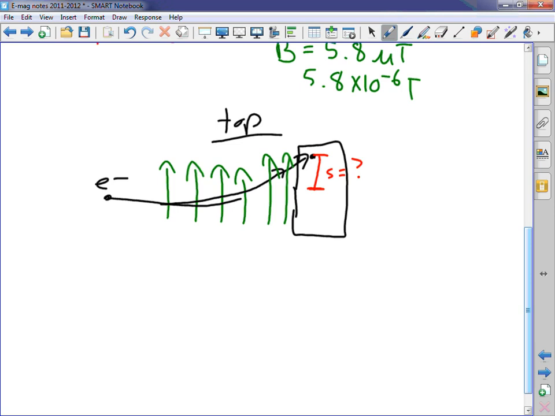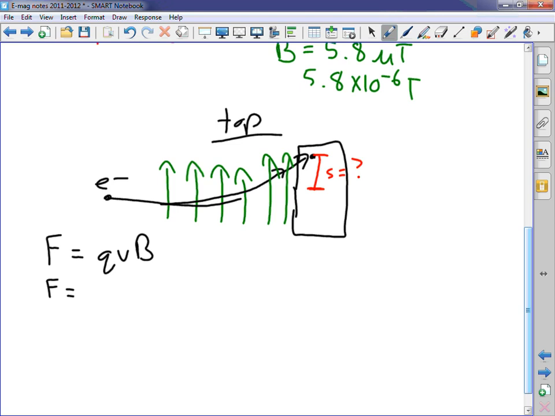First off, what force does this electron experience? It's going to experience force qvB sine theta. Let's assume that it's going in at 90 degrees, so theta doesn't matter. So qvB, and that's the charge of an electron.